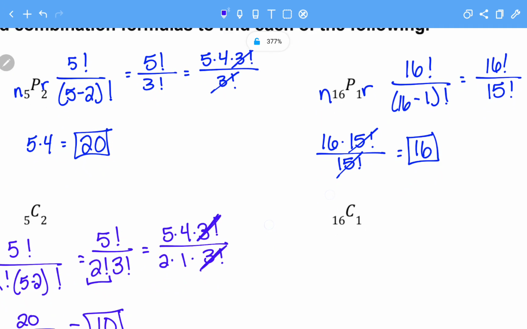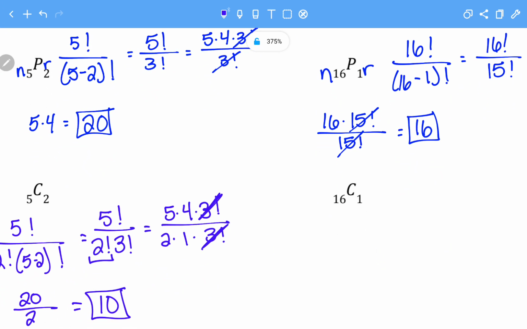Our last one is 16 combination 1. So let's try that. We're going to start with our formula. We're going to replace our values. Take out that n. Okay, I still have an r.